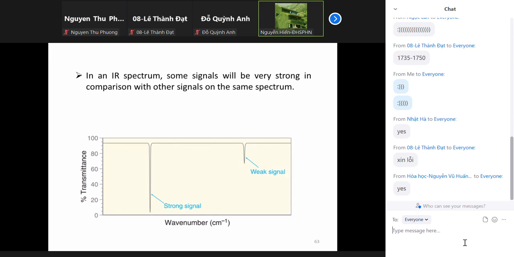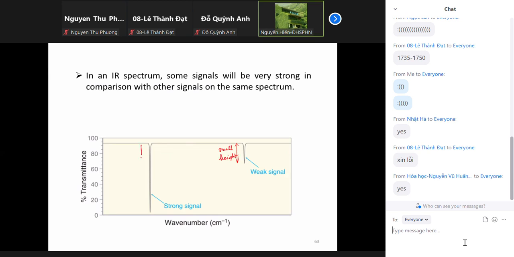So in this picture, you see two signals. The first one on the right is a small triangle, because it has a small height. We imagine that each peak is a triangle, and this one has a small height.